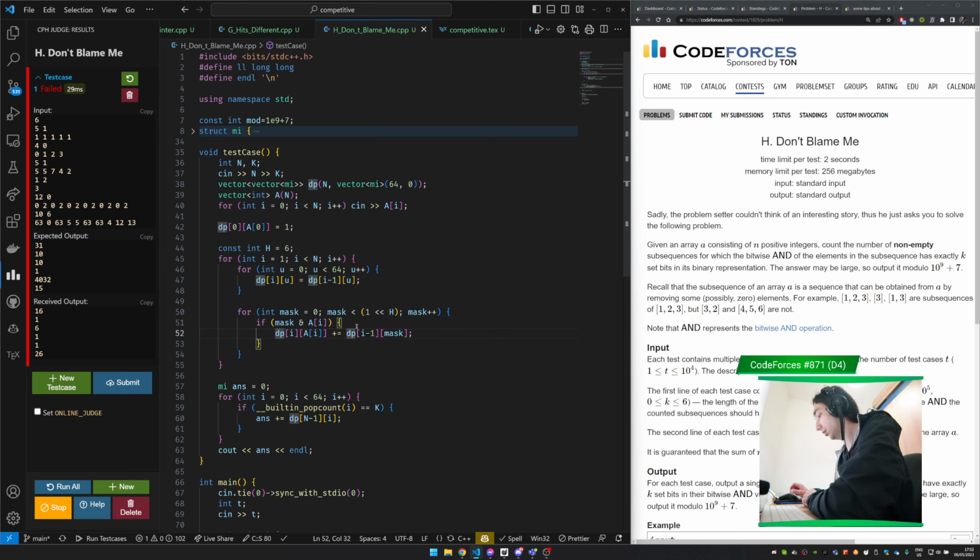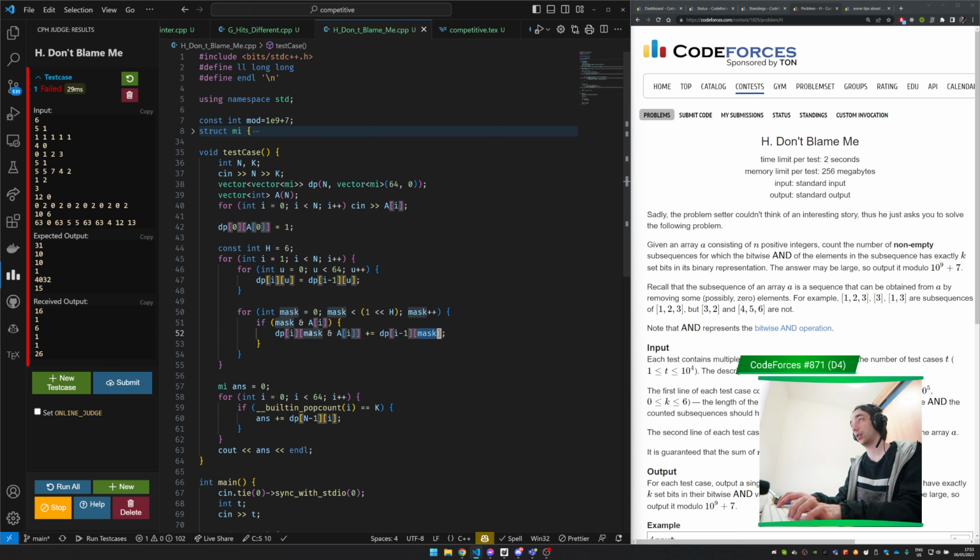No, it's like we want to, if I take this element, for all of these elements that are here, if I take this element, yeah, so this is what we're going to do. Mask and a of i plus mask, right?